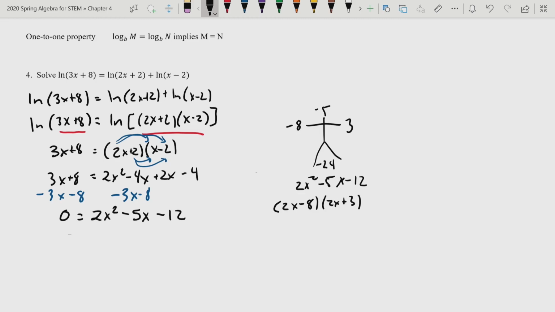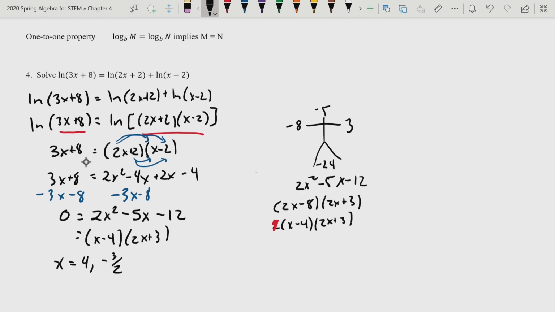This is the magic way. Factor out this 2. We get 2 times x minus 4, 2x plus 3. We get rid of this. And so we get x minus 4, 2x plus 3. So the solutions would be x equals 4 and negative 3 halves.